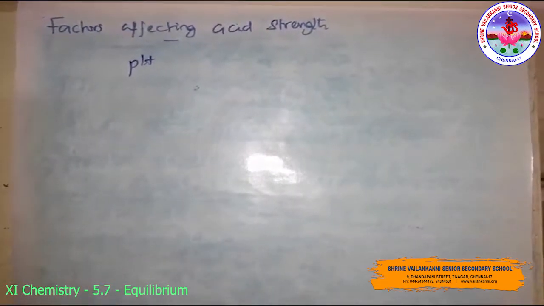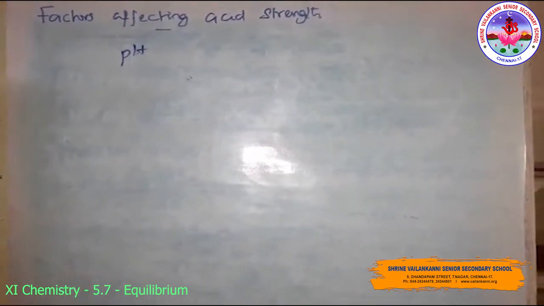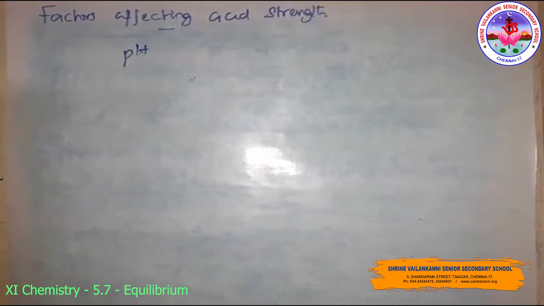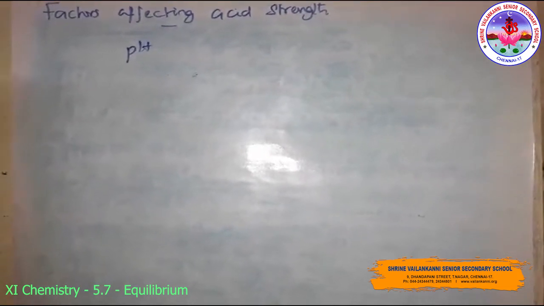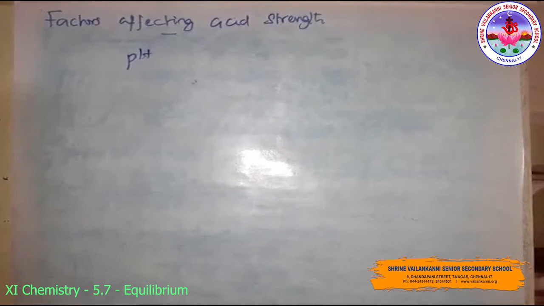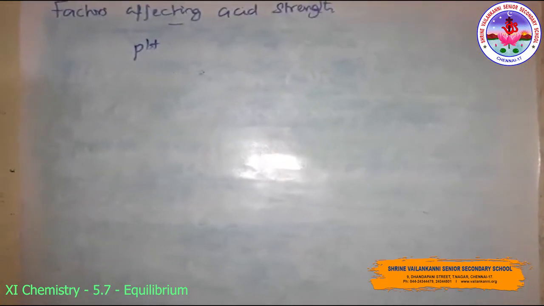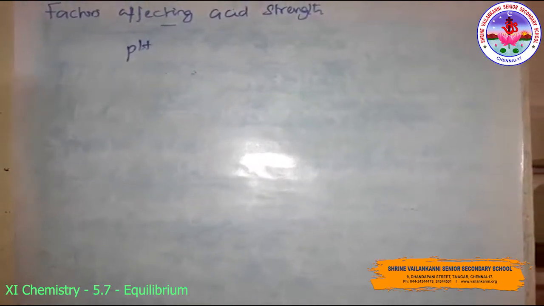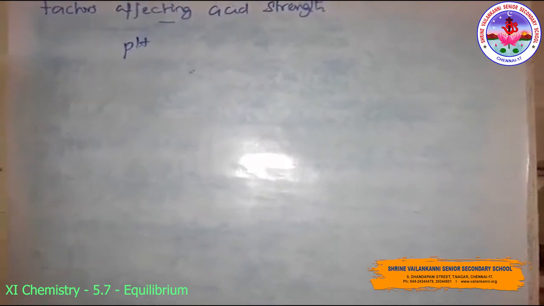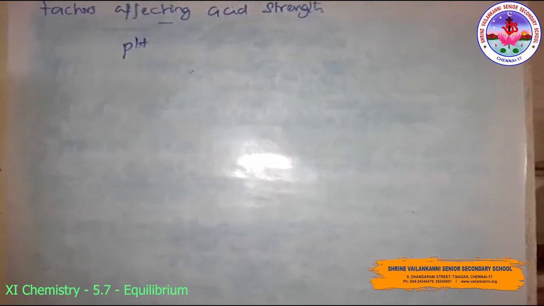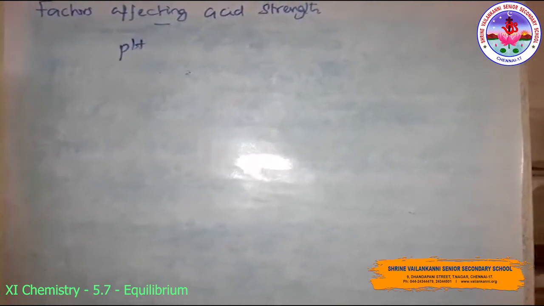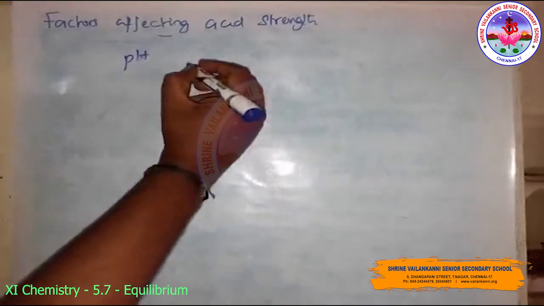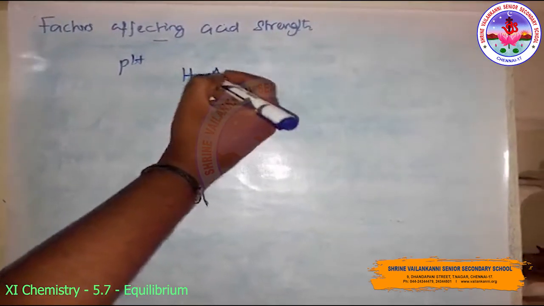But curiosity rises about why some acids should be stronger than others and what factors make them stronger. The answer lies in a complex phenomenon, but broadly speaking, the extent of dissociation of an acid depends on the strength and polarity of the HA bond.